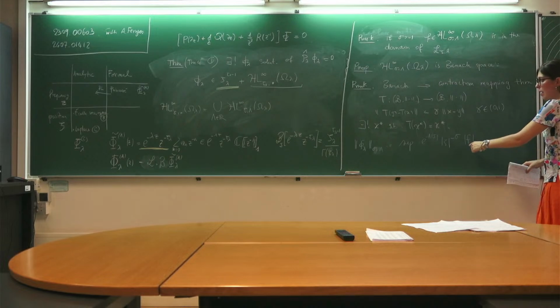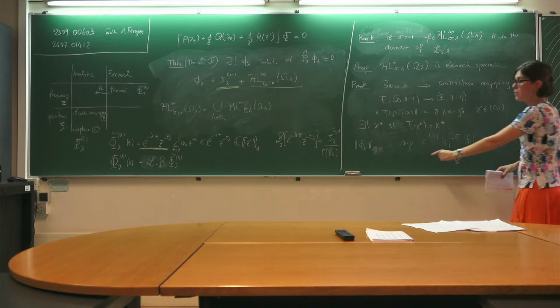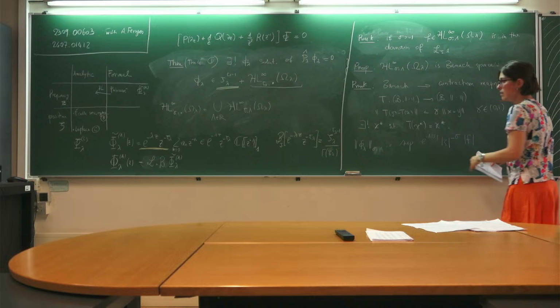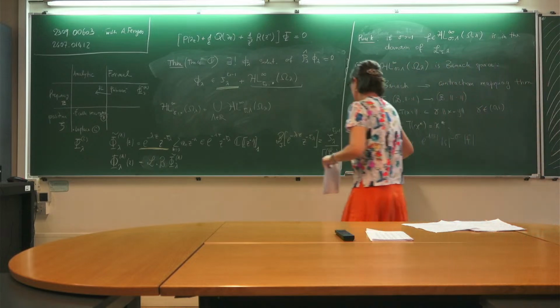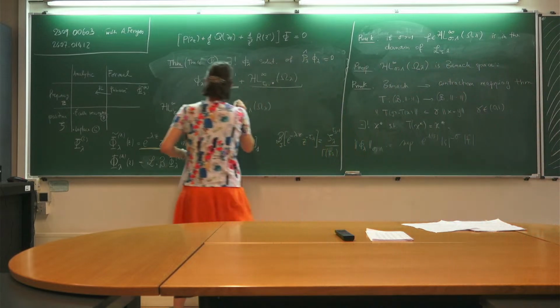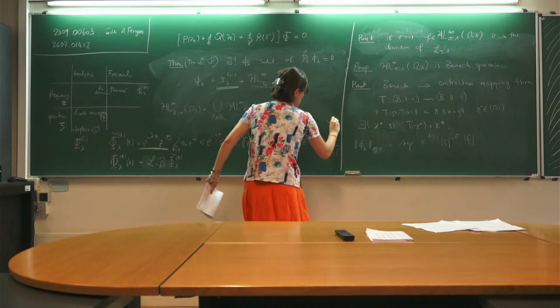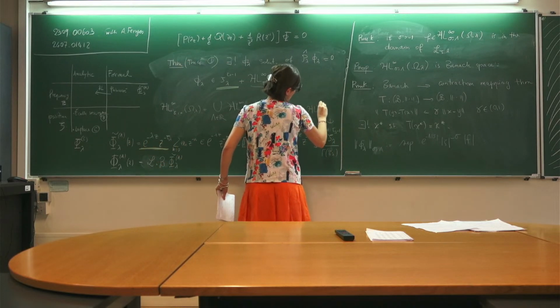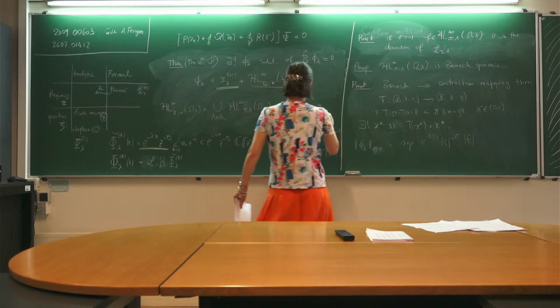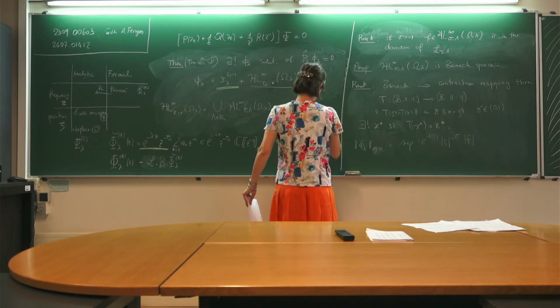So in particular, this function, tau lambda minus 1, belongs to HL infinity tau lambda minus 1.